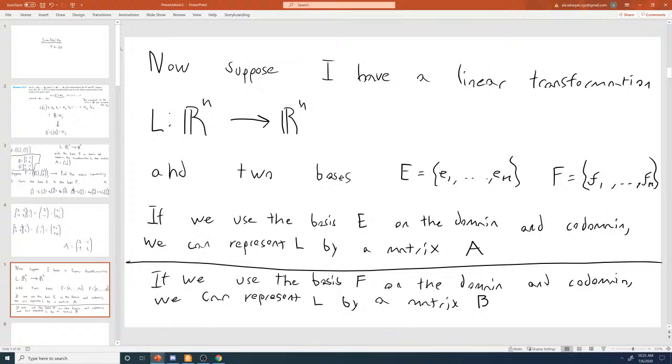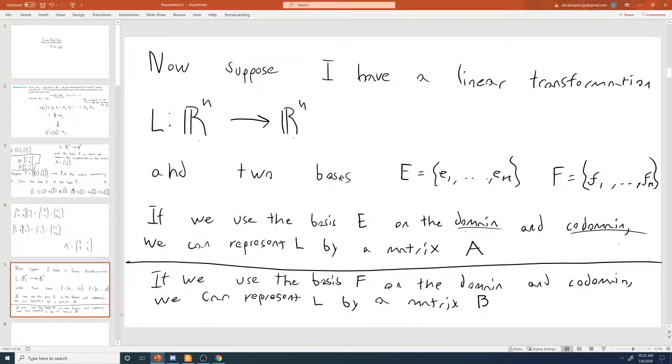We can represent our linear transformation L in terms of one basis, and we're using that basis on both the domain and codomain, so here and here. If we do that, we can associate L with a matrix A. If we use our other basis instead, our basis F, then our linear transformation will determine a second matrix B in terms of the basis F.